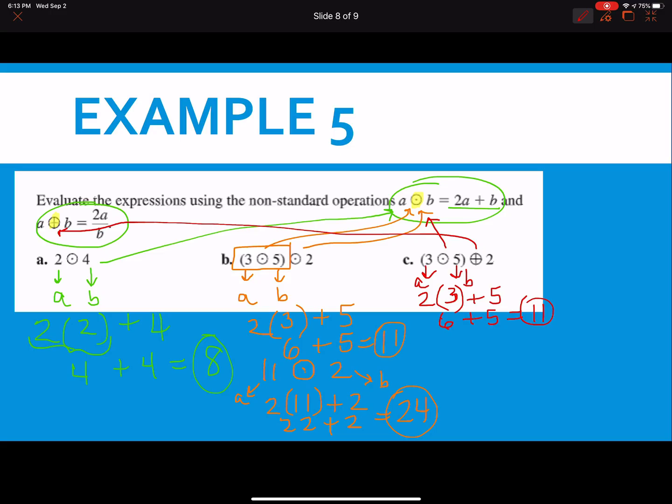Now I'm going to take that 11 and I'm going to make the second part symbol, the non-standard symbol, and then substitute my 2.